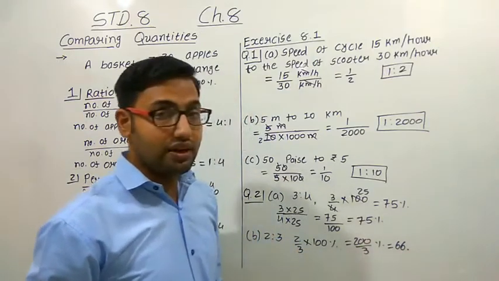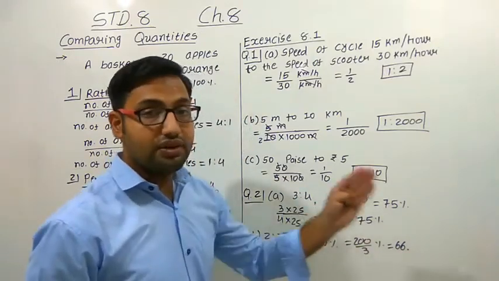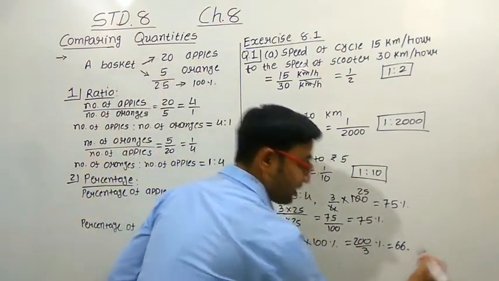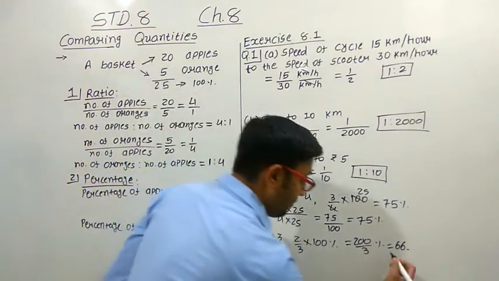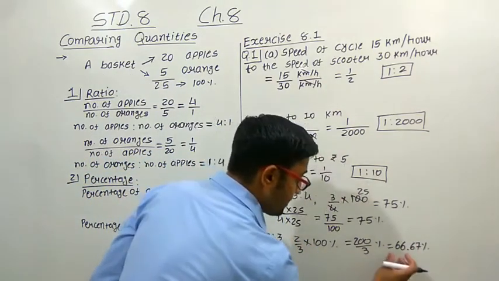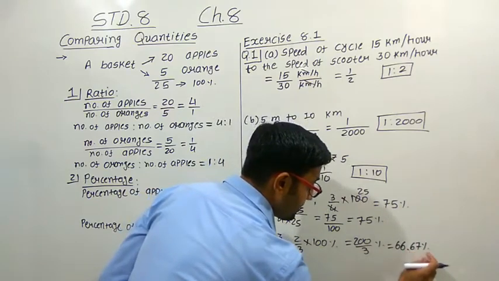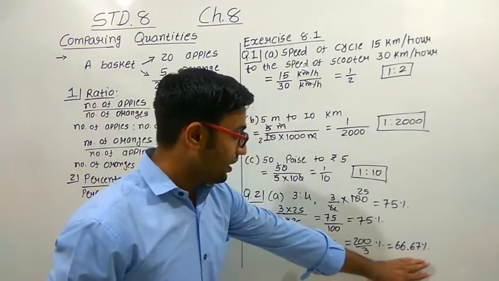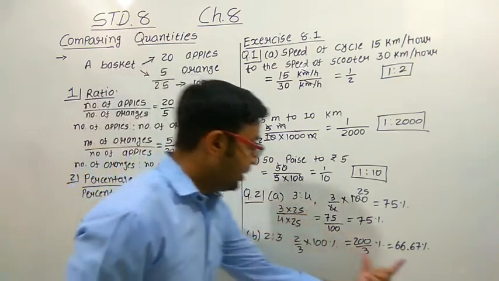So again 20 will be there. So in this way, every time we get 20, 20, 20, and every time we get 6, 6, 6, 6. So we can write it as 66.67%.